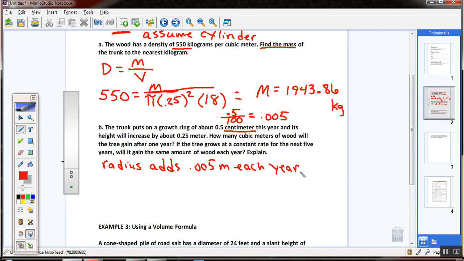Quarter of a meter. Is that unit going to work for us? Is that something we like right now, the way this is set up? Absolutely. So this is going to grow at a quarter of a meter, okay? So height adds a quarter of a meter each year.